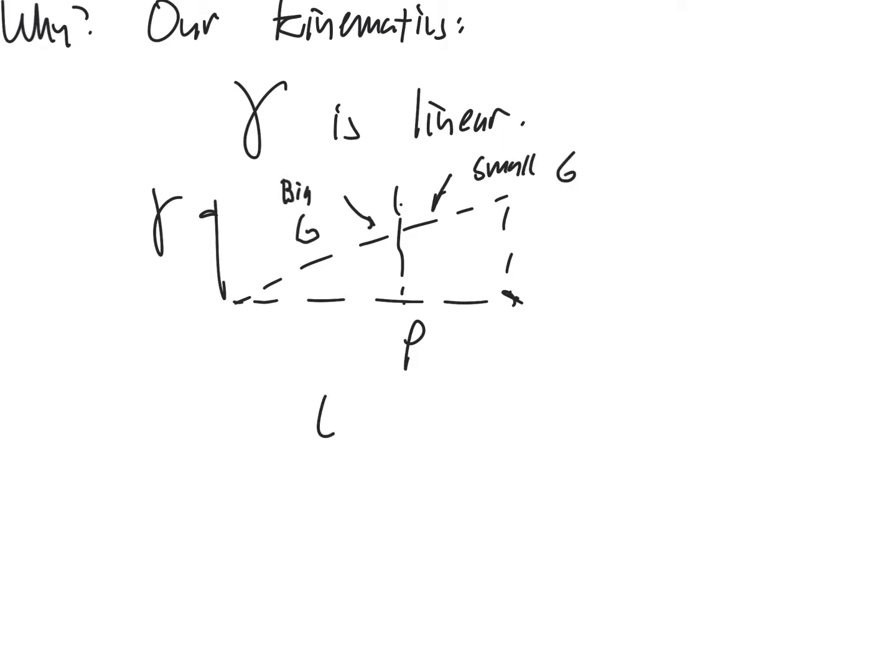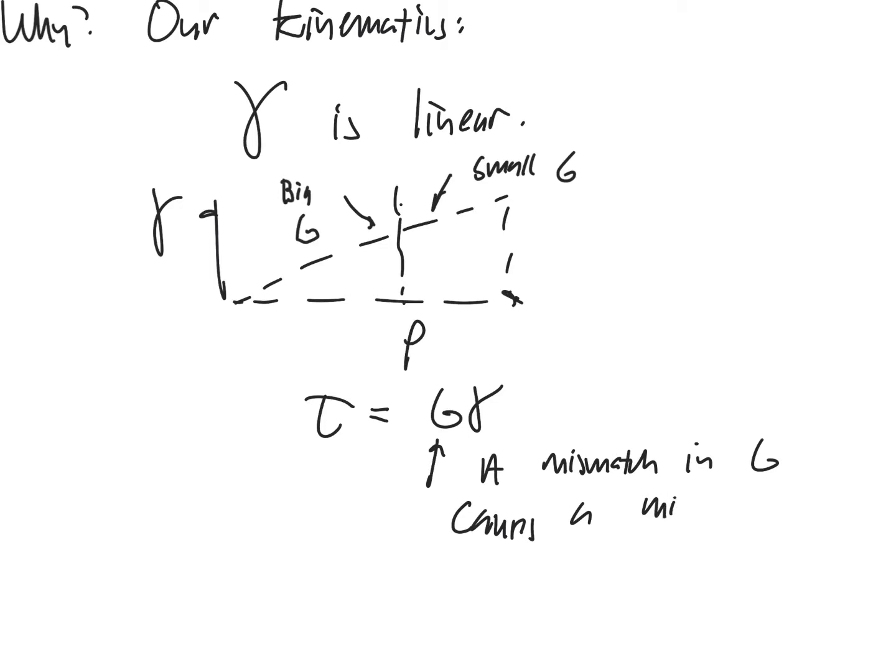So now when I calculate tau is equal to G gamma, the mismatch in the shear modulus causes a mismatch in tau. Let's write that out. A mismatch, or the jump if you prefer, a mismatch in G causes a mismatch in tau.